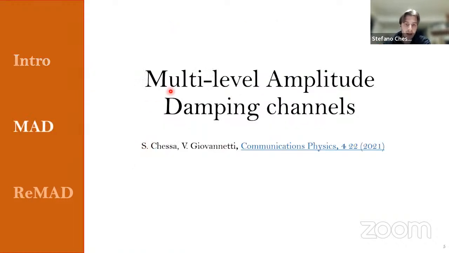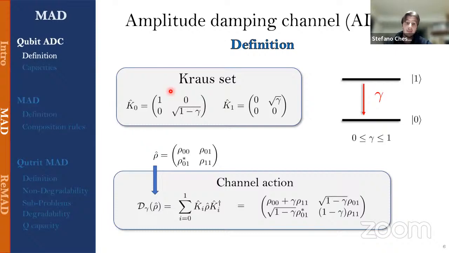So we switch firstly to the multi-level amplitude damping channels, which are amplitude damping channels in the higher-dimensional scenario. We define them simply by generalizing the qubit amplitude damping channel, which basically represents the relaxation process in a qubit of the excited state 1 onto the ground state 0, depending on a damping parameter gamma, a real parameter ranging between 0 and 1.